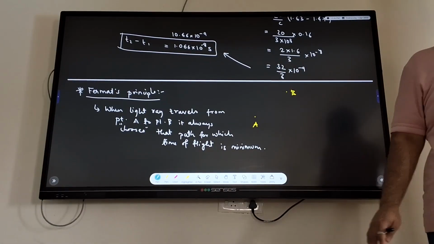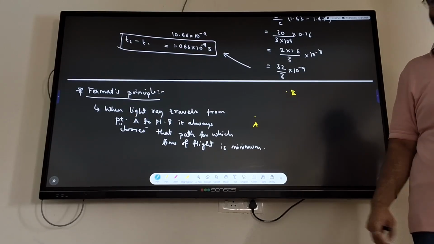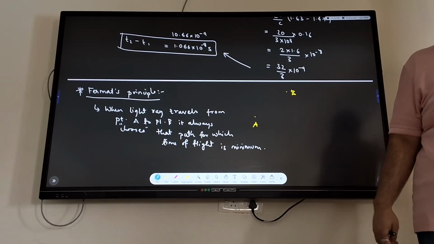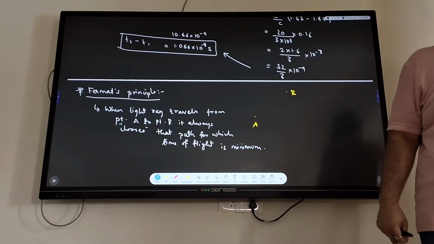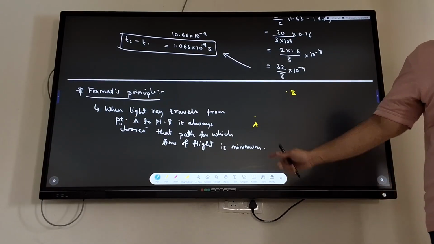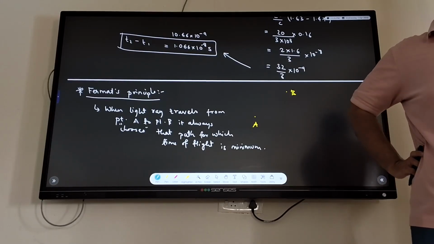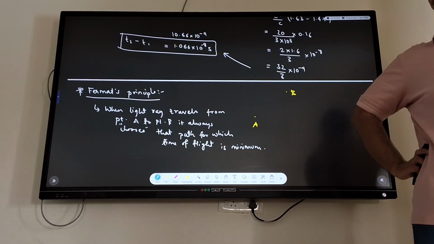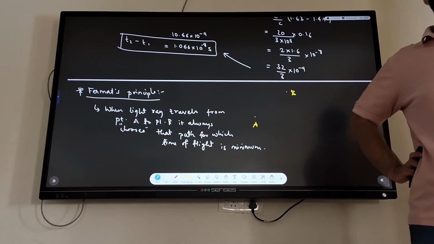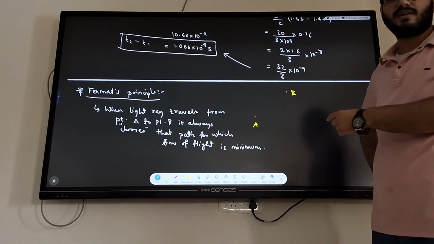I'm not going to prove why this happens, so I'm just giving it, but this is a fundamental fact of nature. And is it so that only light follows this? Is there any other quantity? This comes into the category of extremization principle. Do you understand what extremization is? Either some quantity is maximized or minimized. What quantity is extremized here? Time.